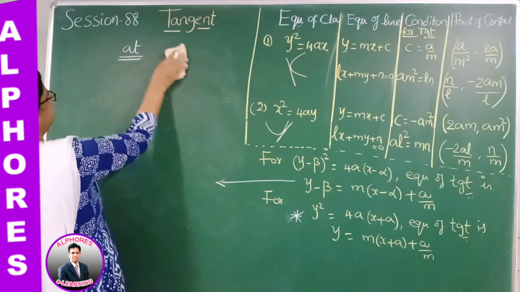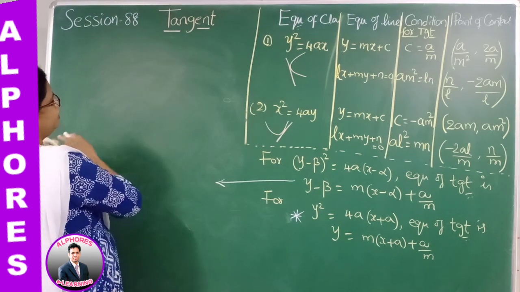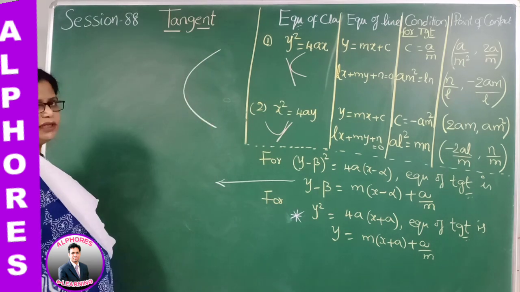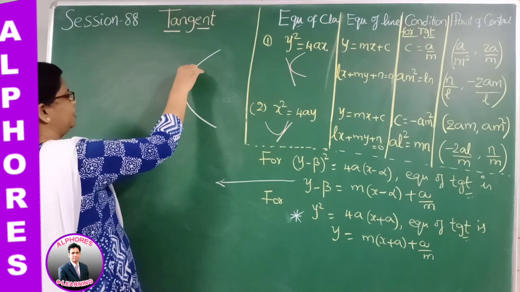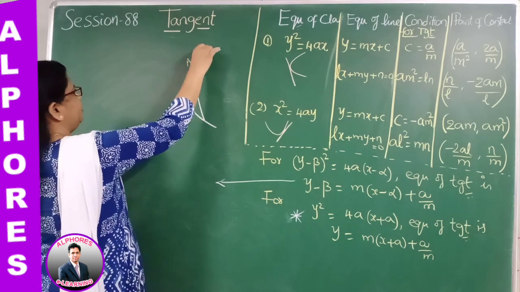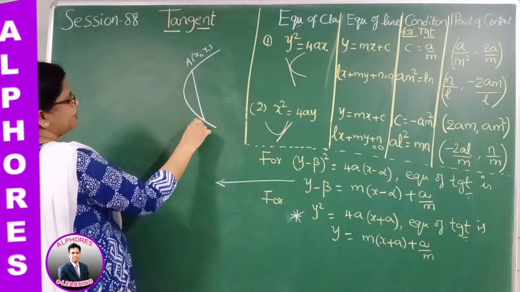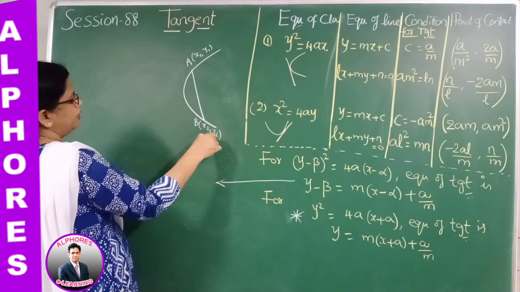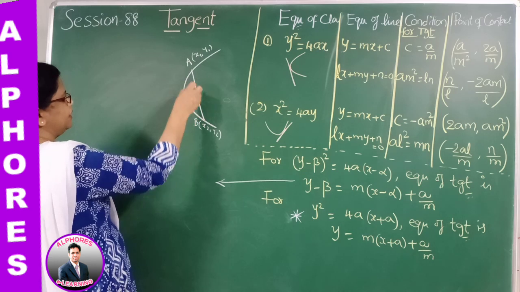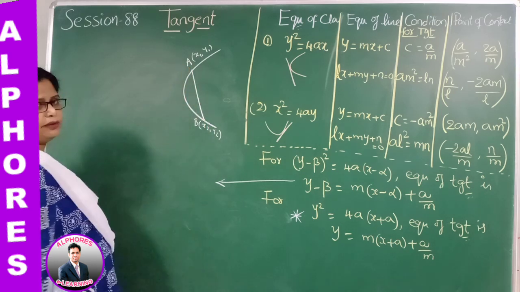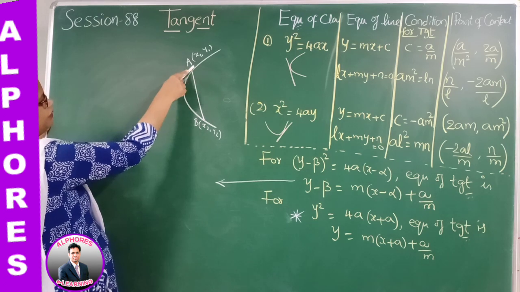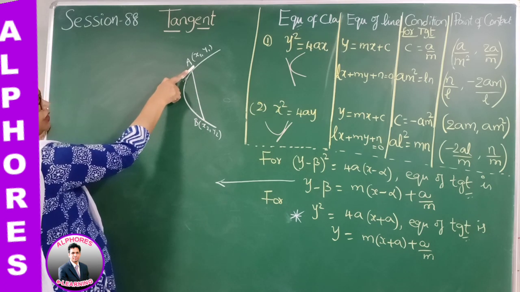Now we are going to find the equation of the tangent at a point. In the case of circles, take a chord: if A is (x1, y1) and B is (x2, y2), and the chord moves such that B reaches A, then the chord position becomes exactly like a tangent.